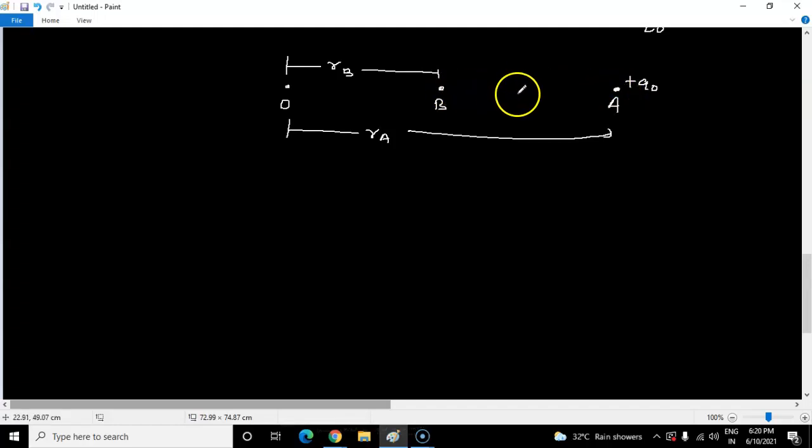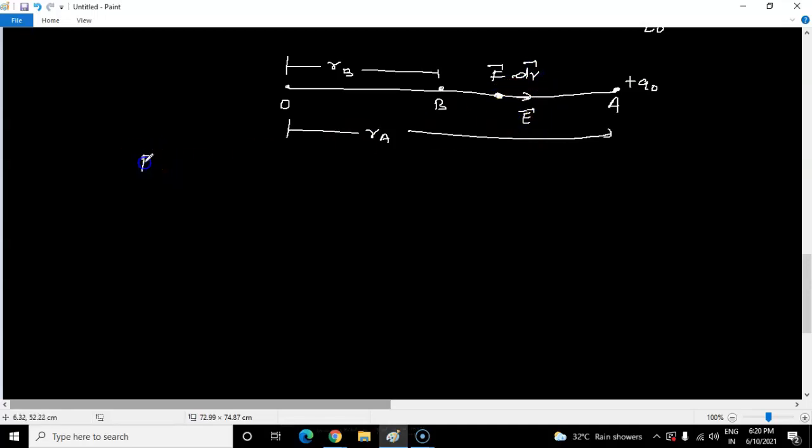Okay, so let's consider that a small displacement happens between A and B. That is, the displacement happens in the direction of the force, dr, right? And this is in the presence of an electric field.